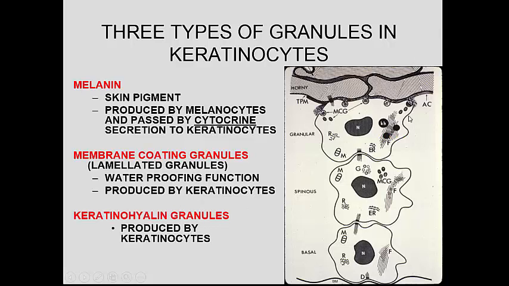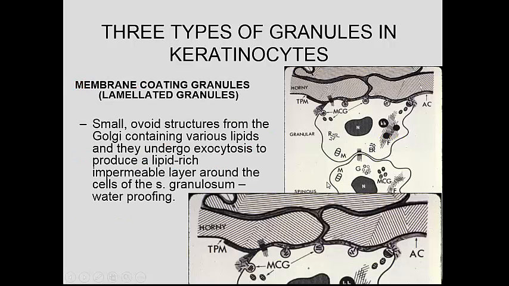And then we have the keratin granules, which we see in the stratum granulosum, and that's really the matrix of the cells, which are mostly tonofilaments. So it's a matrix of those that we see there, but small membrane coating granules seal this. So you can put your hand in water and then back out, put it in gasoline, put it back out. I wouldn't recommend it, but you can.